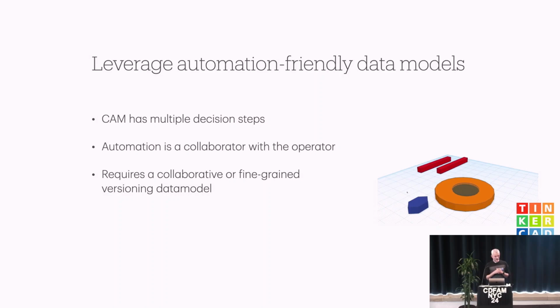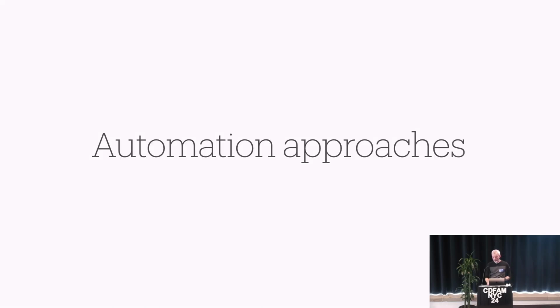It doesn't do the whole workflow completely automatically. No, the user is doing some things and the AI is, as a collaborator, adding certain decisions. And so building your solution on these collaborative, or at least very fine-grained, version data models is really key for this to work. Good. This was everything we learned about user experience.